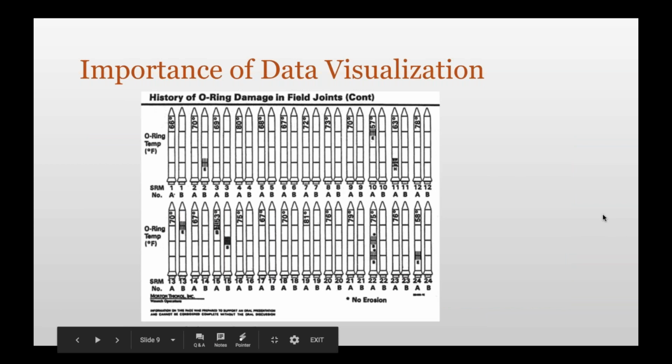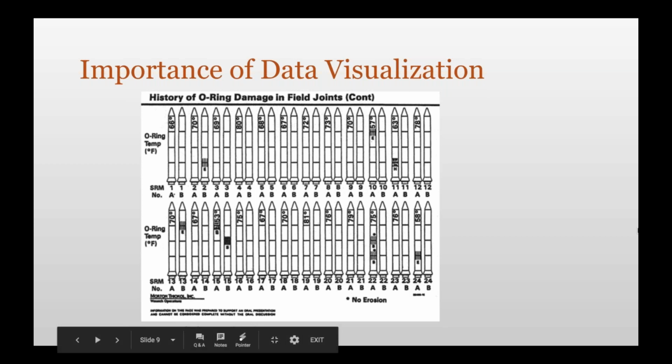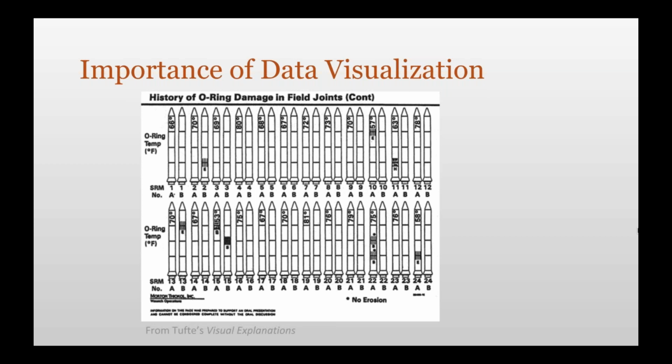And this example actually is from Tufte's book. I believe it's Visualizing Quantitative Information, Visual Explanations, and this is what the engineers were going off of in terms of tests for these O-rings.